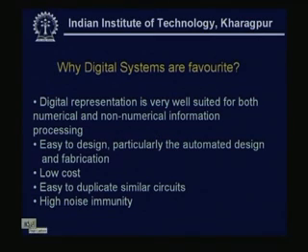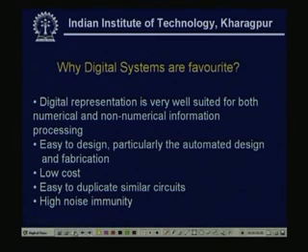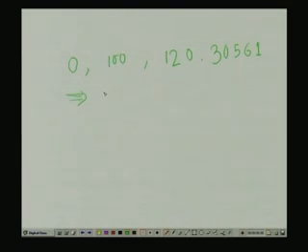Non-numerical information processing means, again, if we say numerical, it means 0, 100, or say 120, or some big numbers like 30561. In this class we will see that all these numerical values, whether a small number or a very large number, we can represent very efficiently.